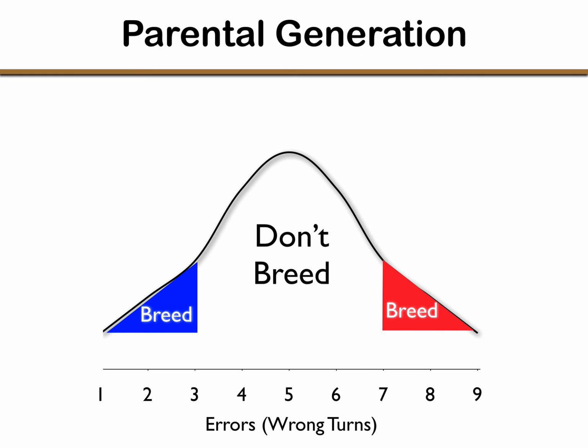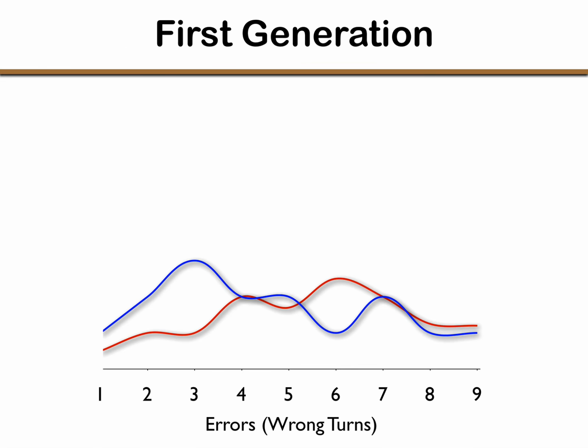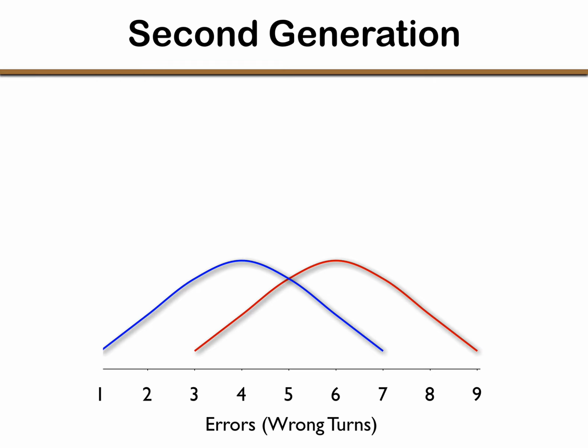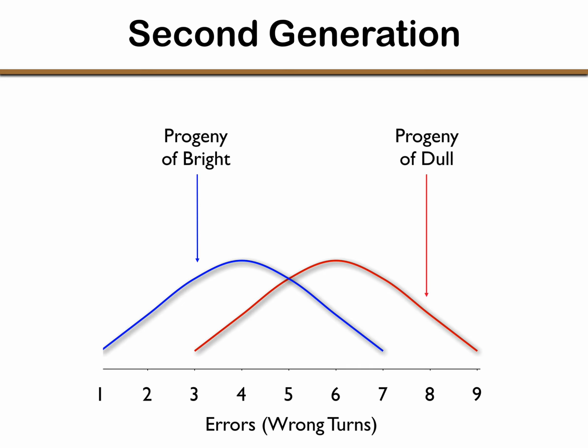Look what happens after the first generation. Now look at this curve, okay, parental. Look what happens now. It's flattened. And so you continue doing this generation after generation. You run these rats in the maze. You only breed the bright rats among themselves, the dull rats among themselves. Don't do anything with those guys in the middle. By the second generation, you're starting to see a bimodal distribution, two populations, but there's still a lot of overlap, of course. You continue doing this. Breed the bright rats among themselves, the dull rats among themselves.